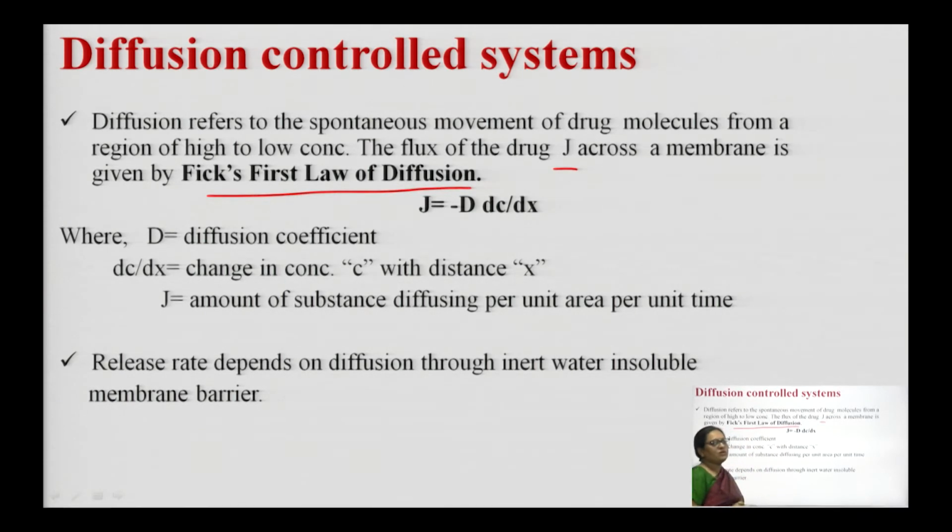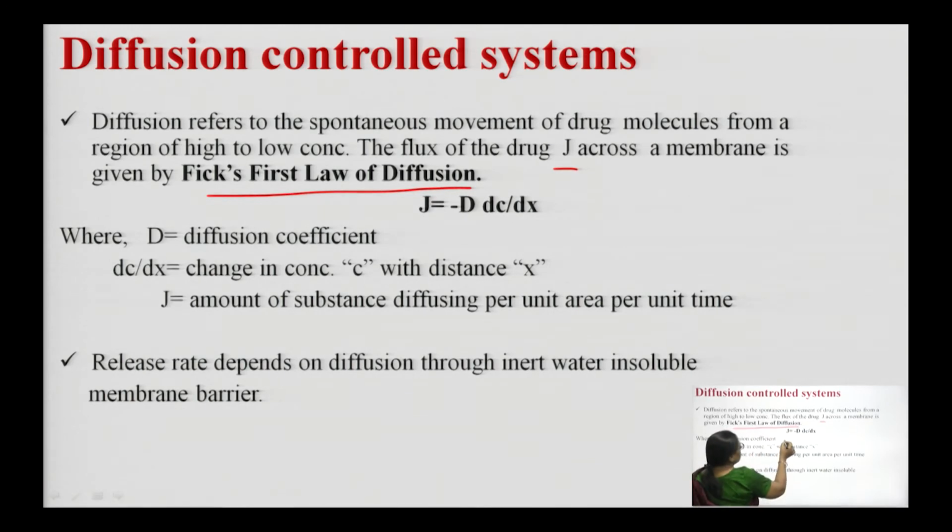According to Fick's first law of diffusion, the rate of flux depends upon the diffusion coefficient of the drug and the concentration gradient along the barrier membrane.